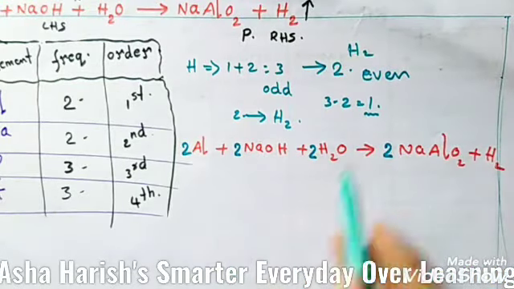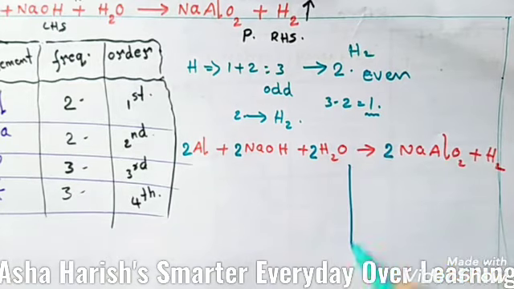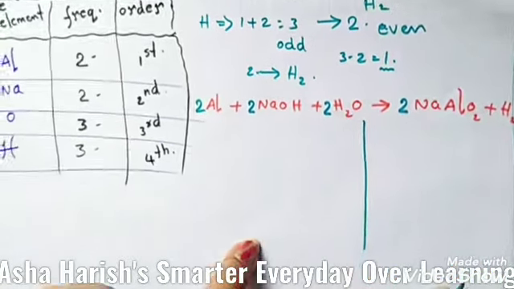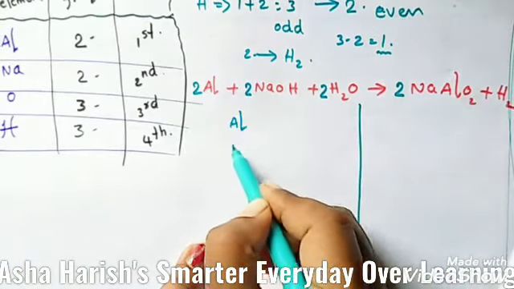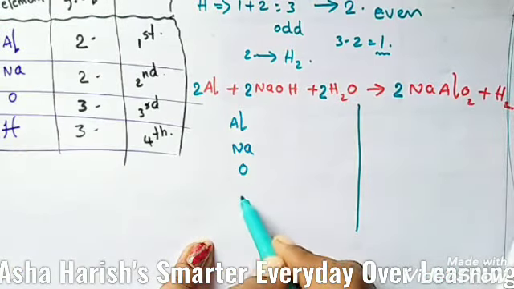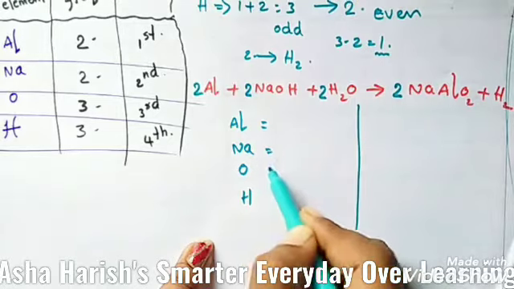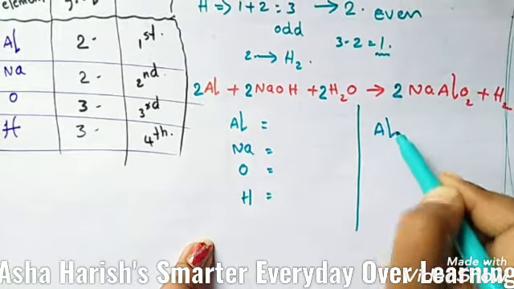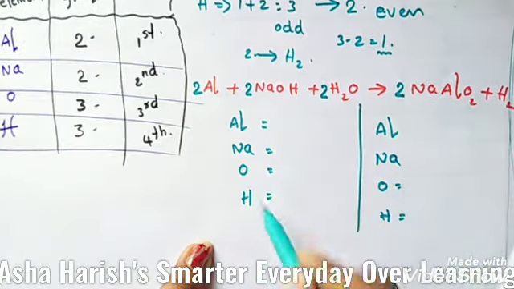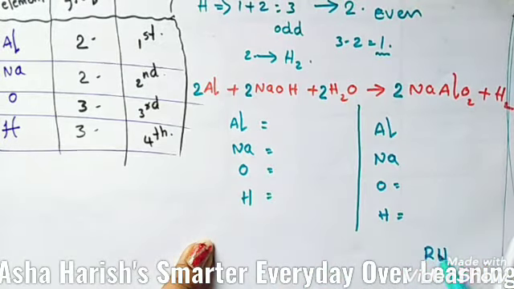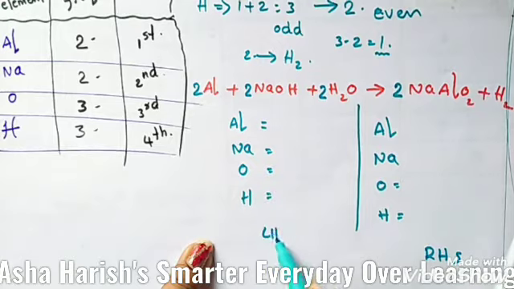Now you can balance all the elements whether they are present, they are same in number or not. Suppose aluminium and sodium, oxygen and hydrogen, this is reactant side, and product side also same. This is only RHS and here LHS.